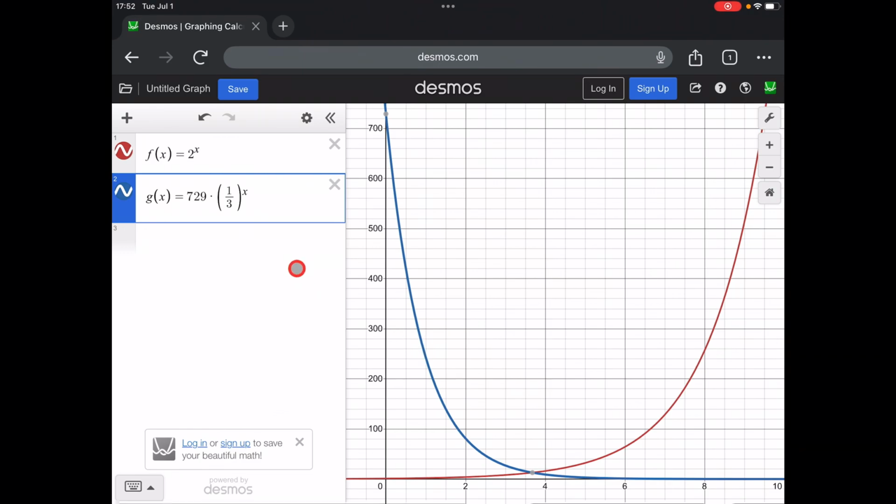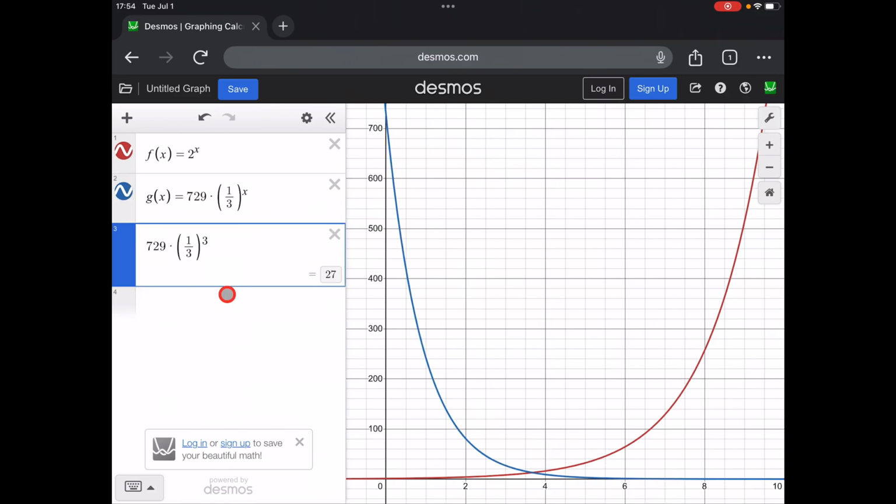If x is 2, we would multiply 1/3 by 729 twice, or in other words, square 1/3 and multiply by 729 to get 81. Right there. And if x is 3, we would multiply 1/3 three times to 729, or raise 1/3 to the third power and multiply it to 729, which is 27.